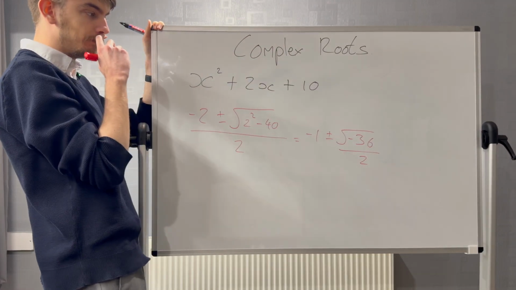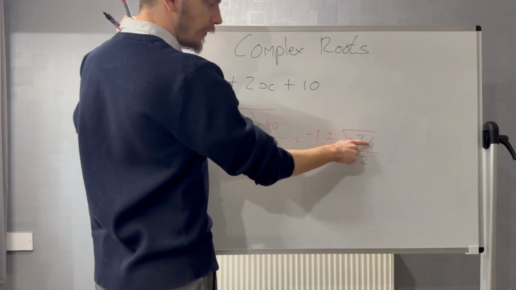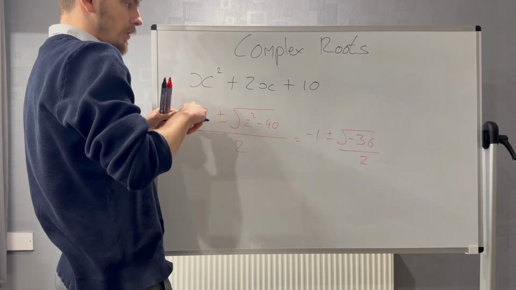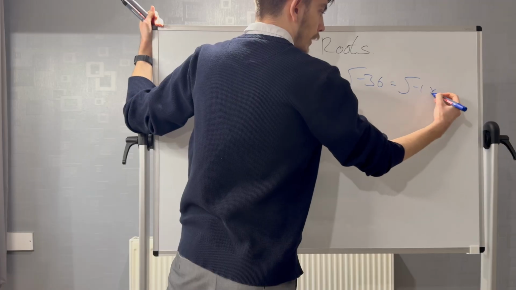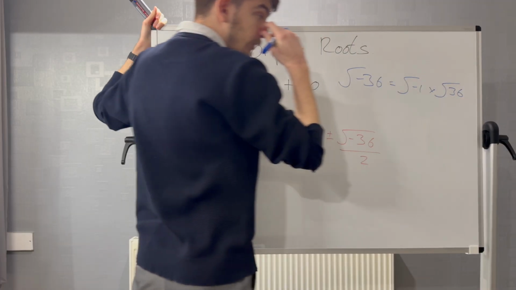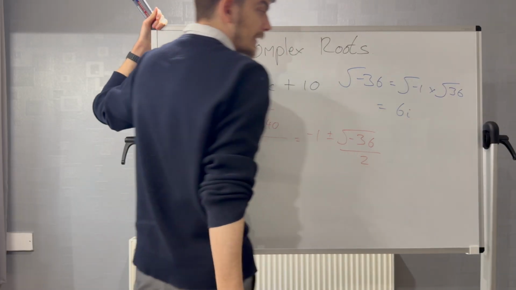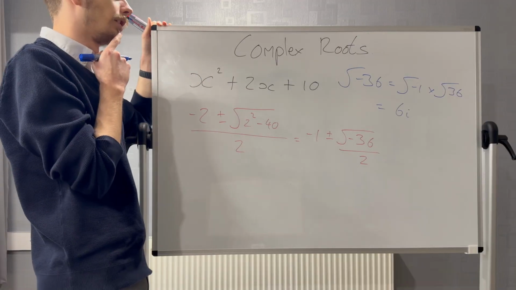Well, hopefully we remember that the square root of minus 36 is the same as the square root of minus 1 times the square root of 36, which is 6i. Yeah, root 36 is 6, root minus 1 is i.